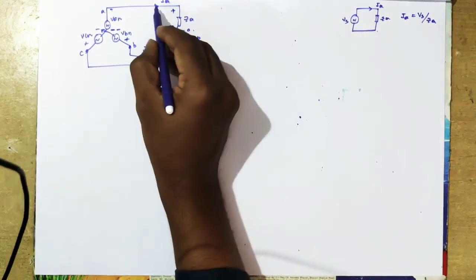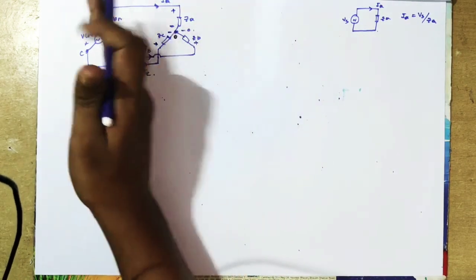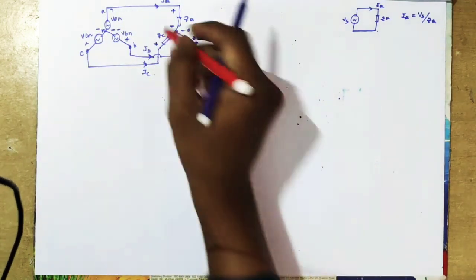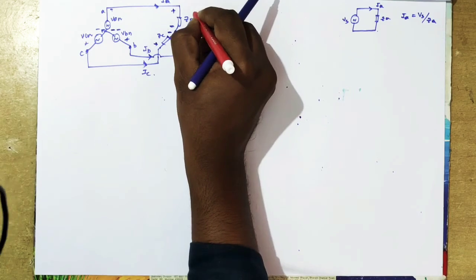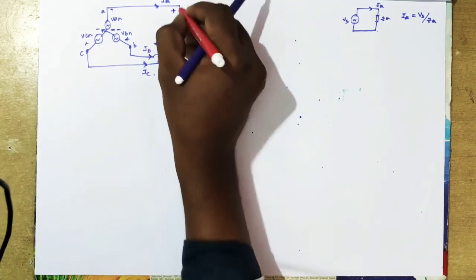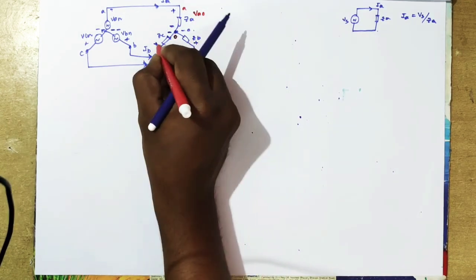So ultimately, to find current IA, somehow we need to have a relation with the source. So the voltage across this ZA is what we have, VA0. This is A, B, and this is A, B, C.